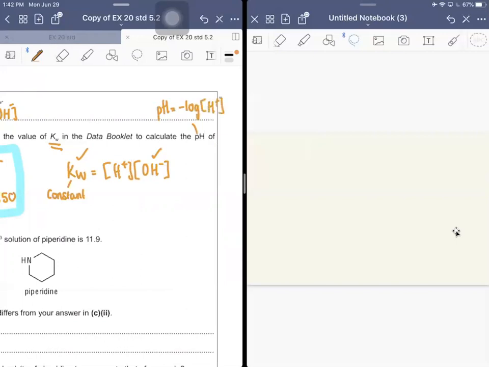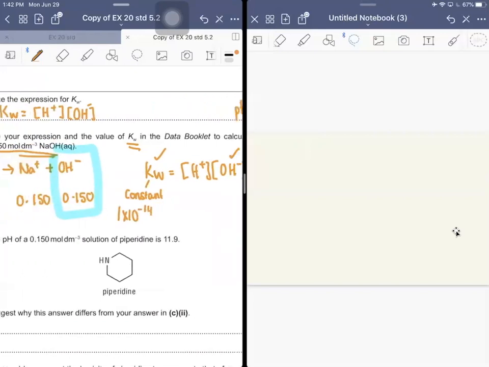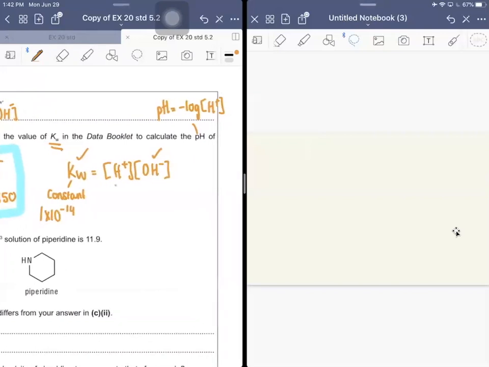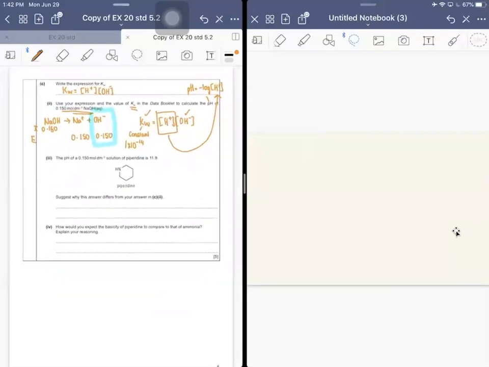If you find the Kw constant in the data booklet, it should be 1 times 10 to the power of minus 14. You know the concentration of hydroxide ion, which is 0.150. You can find the concentration of H plus, and then from the concentration of H plus, you find the pH. That is quite straightforward.